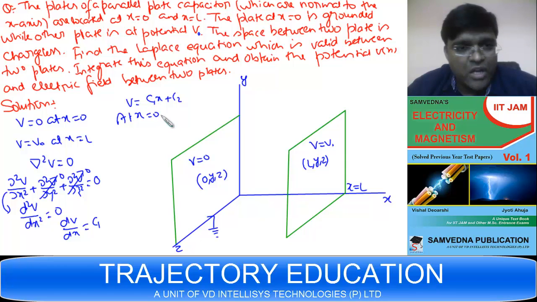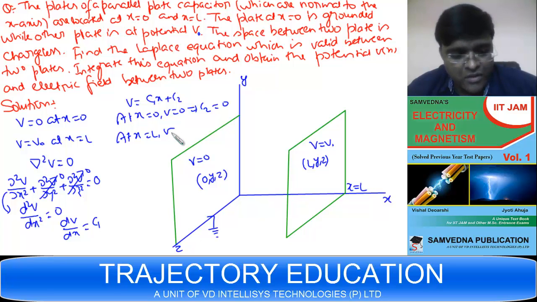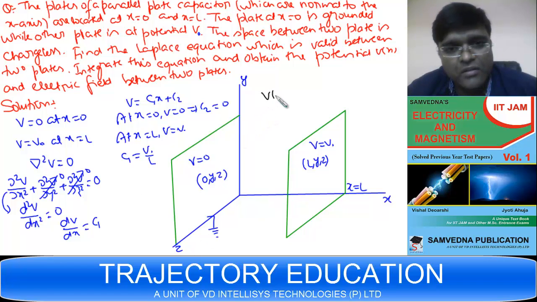Now at x equal to 0, V is 0, so c2 is 0. At x equal to L, V is V naught, so c1 equals V naught by L. The potential distribution can be written as V(x).